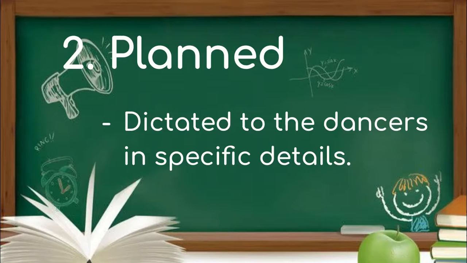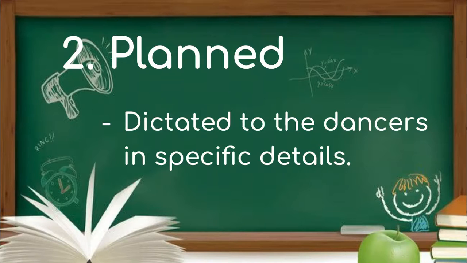This type of choreography is one of the most used in all kinds of dance styles, from ballet to street dance. Of course, when we dance street dance, we need to plan our choreography. Ballet too, all of the forms of dances, we need to plan it, especially if we join competition.